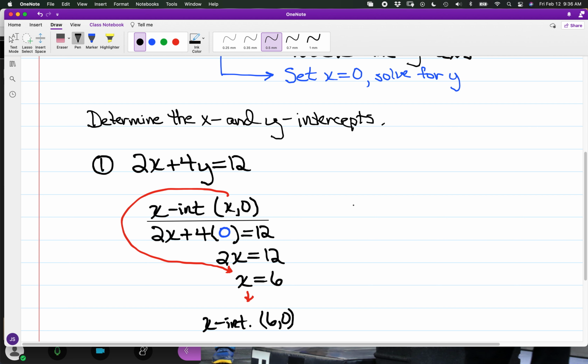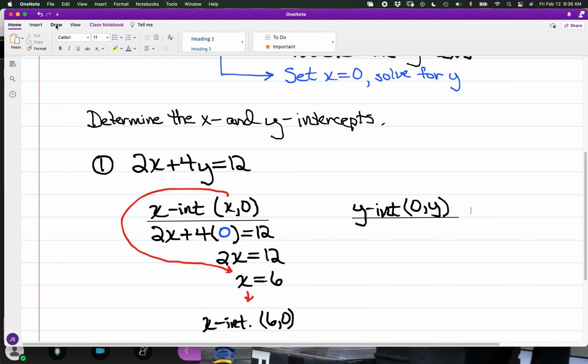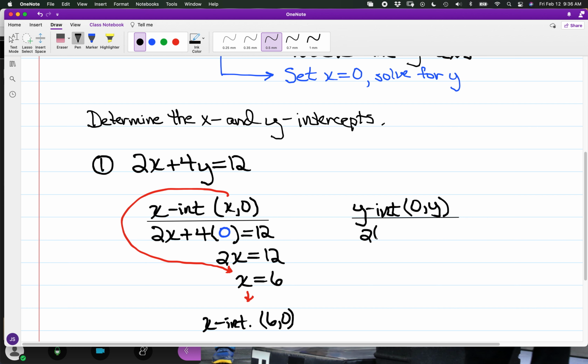As for the y-intercept, once again the general coordinates are 0, y, and using the same equation, this time we are setting x to 0 and solving for y. So you have a trading of places in terms of what to solve for and what to set equal to 0.